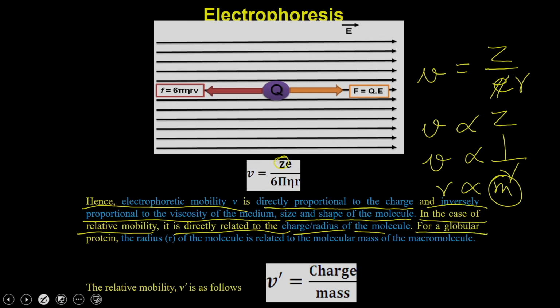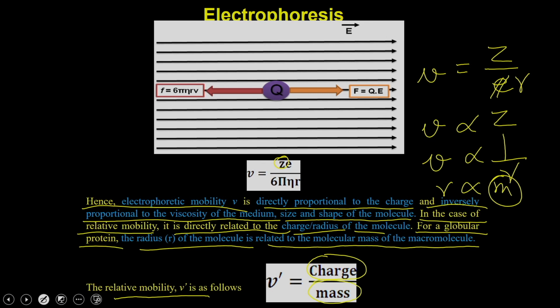So, for a globular protein, the radius of the molecule is directly related to the molecular mass of the macromolecule, which means the relative mobility V is directly proportional to the charge and inversely proportional to the mass.